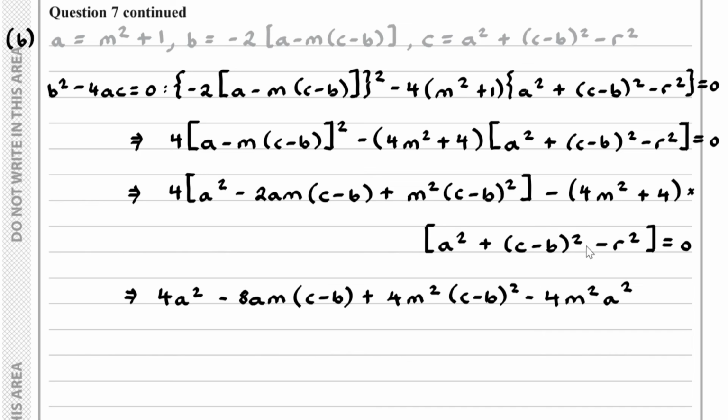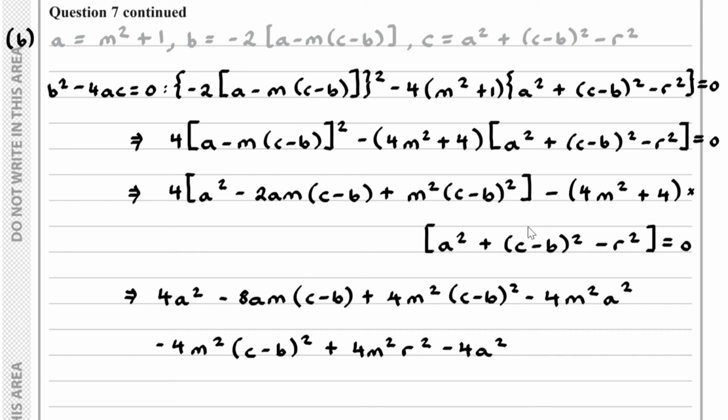Then I've got minus 4m squared times by c minus b all squared, so that will be minus 4m squared times by c minus b squared. Then I've got minus 4m squared times by minus r squared, so that will be positive 4m squared r squared.